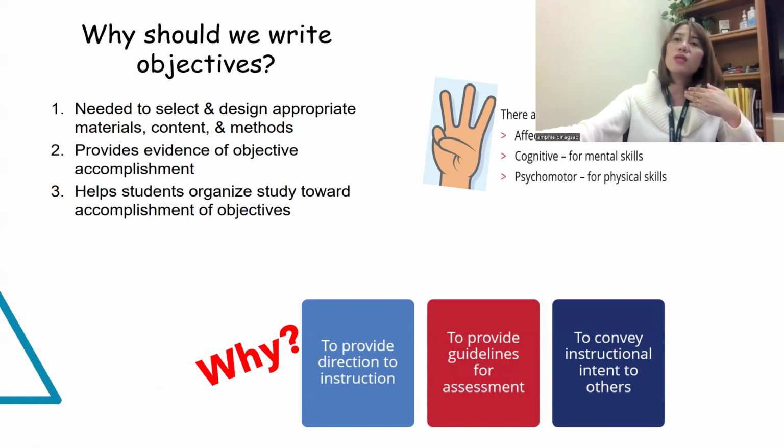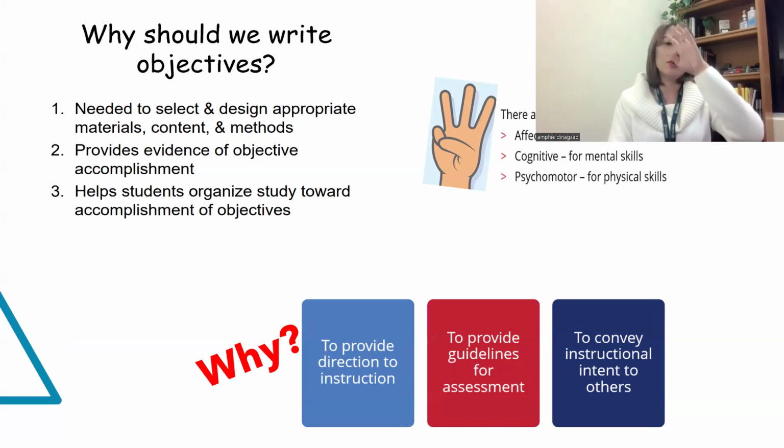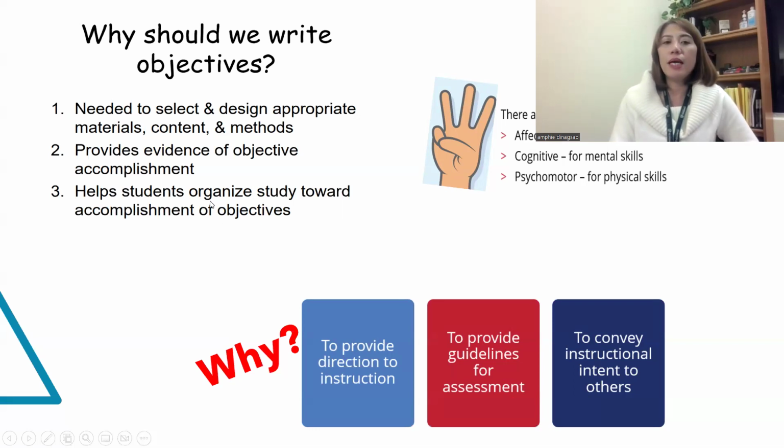It will also help students organize study toward accomplishment of objectives, and it also provides evidence of objective accomplishment if you have very clear objectives. So again, why? To provide direction, to provide guidelines. It will help us if the objectives are clear.